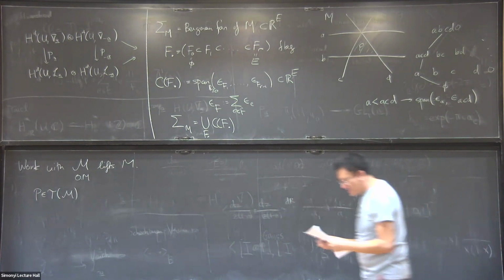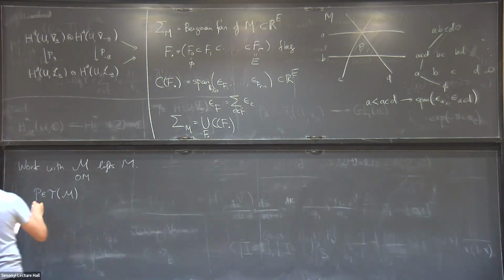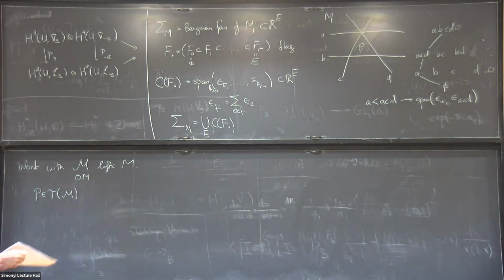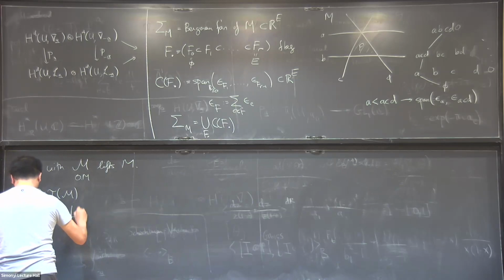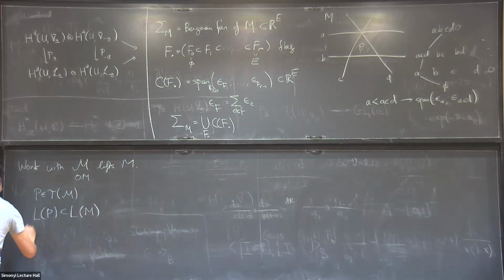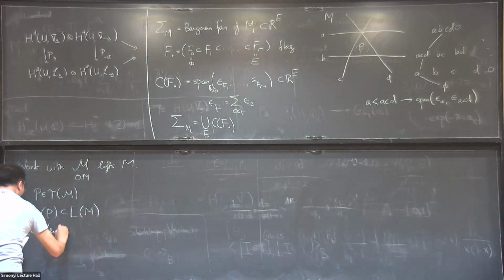You give me one of these topes, then there's a sublattice of this lattice that I drew over there, which I call L of P. This is the face lattice of the tope.